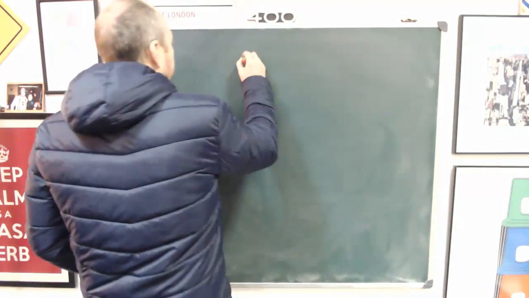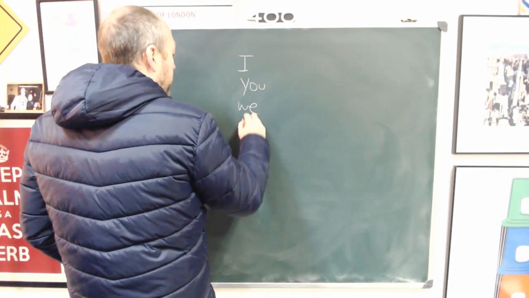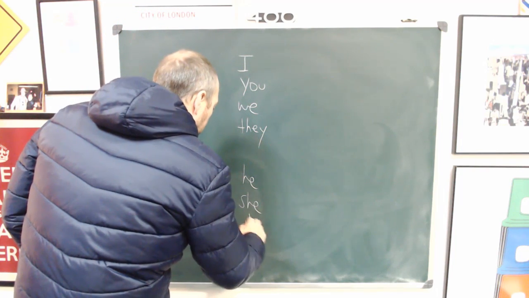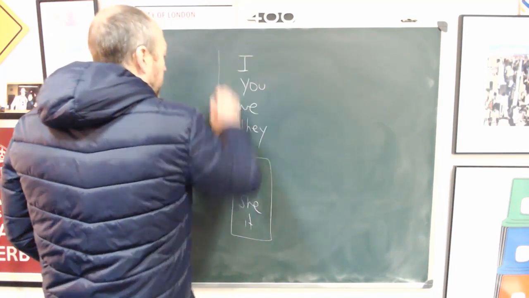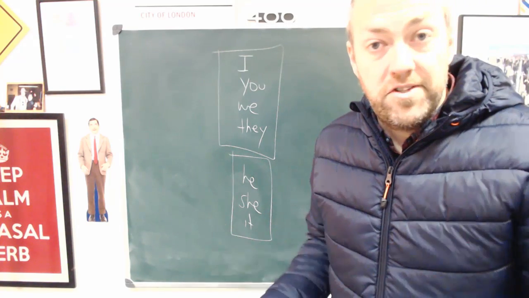Akshay was asking, when do we use have and when do we use has? Well, basically, it depends on the conjugation for the person. So in English, we have a system of persons.